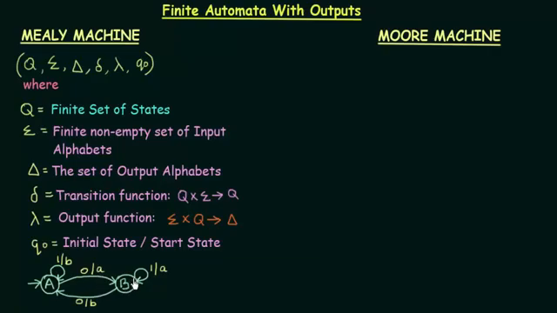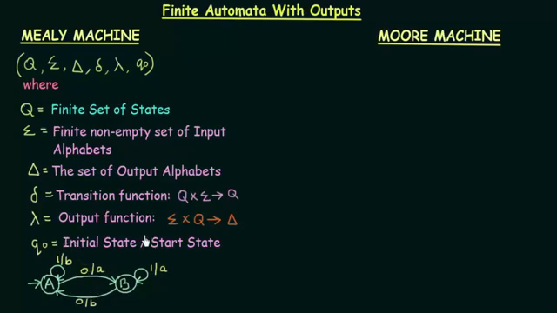B on getting input 1 stays in B itself and produces output small a, and B on getting input 0 goes to A and produces the output small b. So we see that there are outputs associated with each input and the state they are present in.